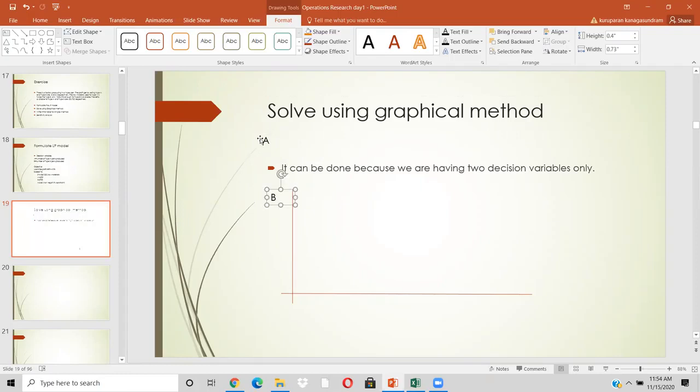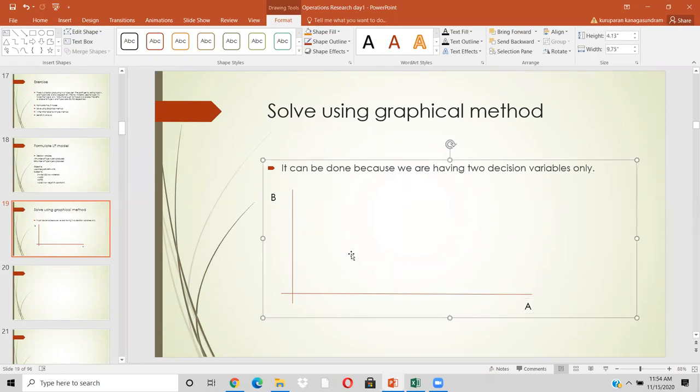B here and A here. There is nothing wrong with interchanging; you can have A there and B here, anything else. So one axis is for type B, the number of pens on this axis, and the number of pens on this axis.